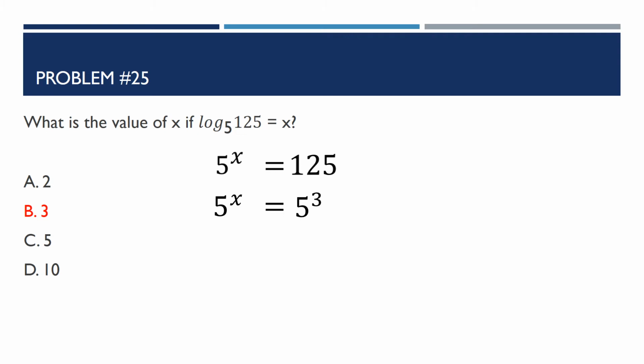Now, the same idea as the previous problem, they both have the same base, 5, so we can equate the x to the other exponent. We didn't cancel the 5, we just used the logic that for them to be equal, they must have the same exponent. So x is equal to 3.